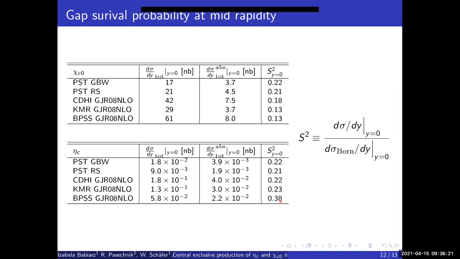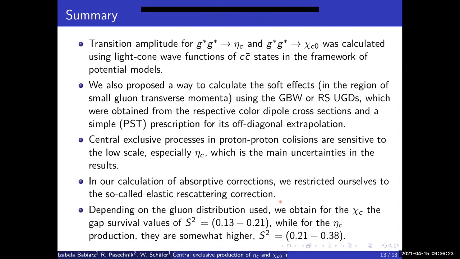And the summary: we calculate the transition amplitude for gluon fusion to eta C within a light cone with wave functions of the bound state c c-bar in the framework of potential models. We also proposed a way to calculate the soft effects.